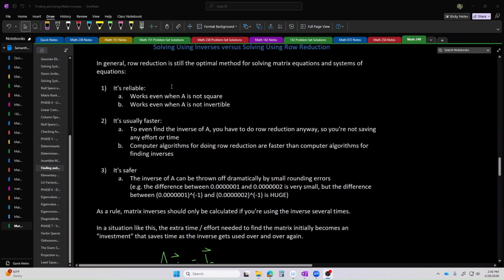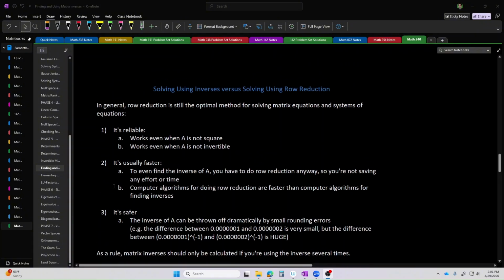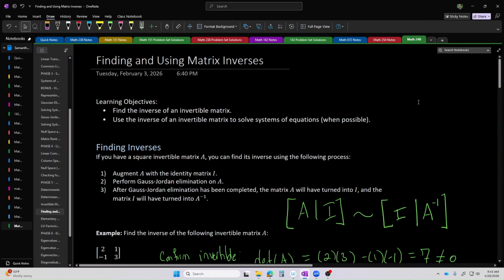And LU factorization works even when your matrix is not square, and it works sometimes even when your matrix is not invertible. So we'll spend the next 2 days building up that technique to help us in cases where solving using inverses is not viable. So that concludes this video.